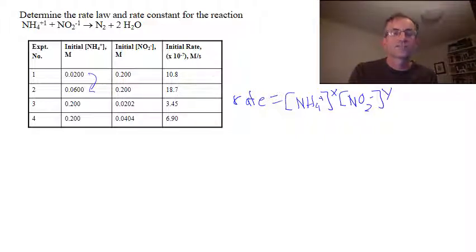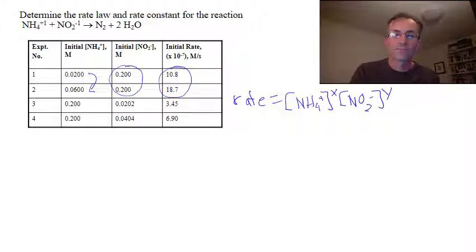If you look at those experiments, the amount of ammonium changed, but the amount of nitrite stayed the same. So what was going on with the rate? Well, it increased, and the reason it increased was because the amount of ammonium was changing. To figure out that exponent x, we're going to set up a ratio.